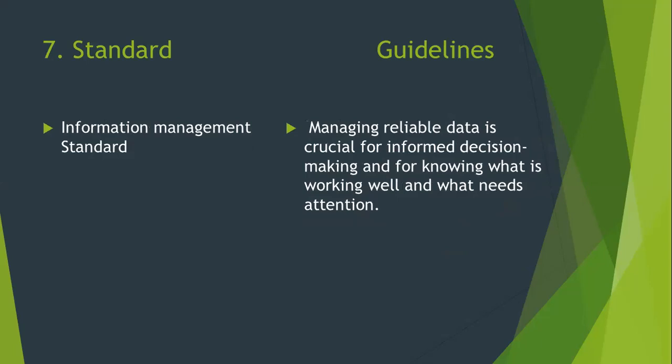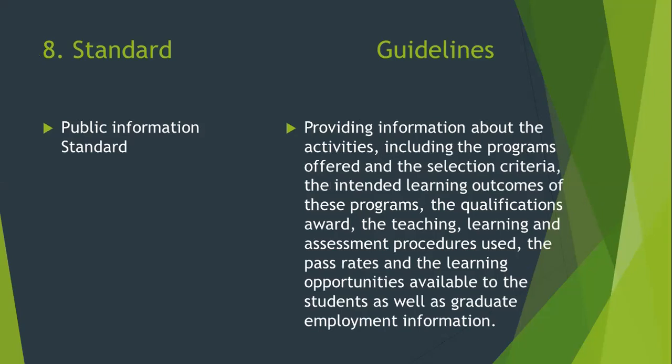Standard 7, information management system. Guidelines for this standard are: managing reliable data is crucial for informed decision making and for knowing what is working well and what needs attention.